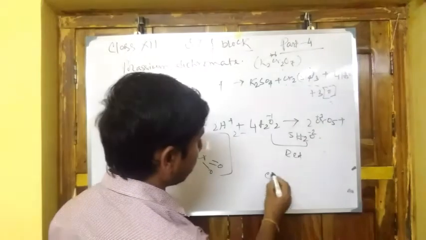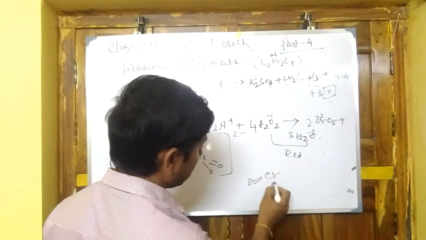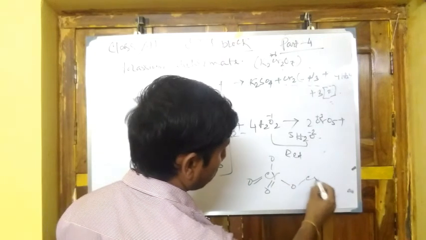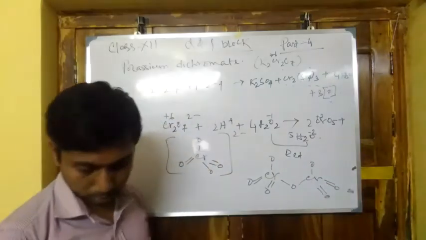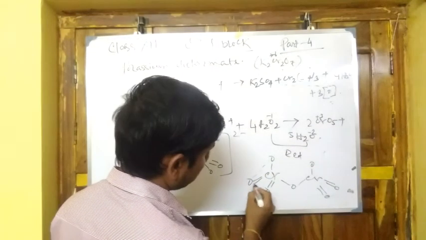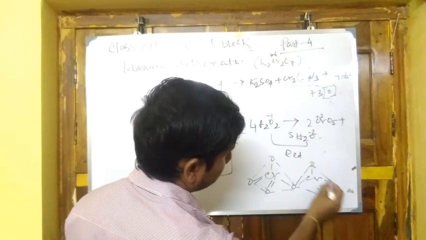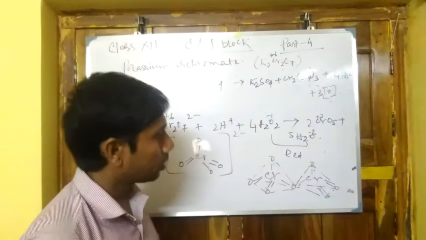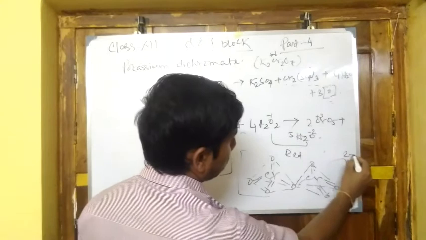And in the structure of dichromate, one oxygen is shared by 2 tetrahedral units. It is the structure of dichromate, Cr2O7 2 minus.